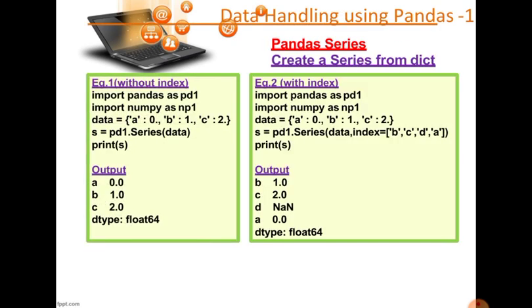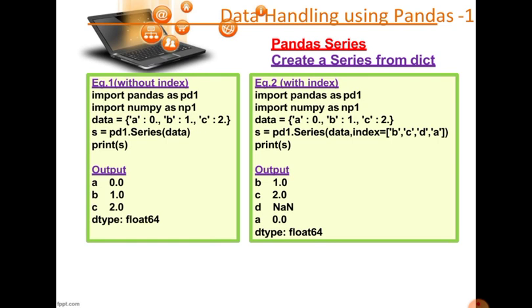Pandas Series: create a series from a dict. Example 1, without index. import pandas as pd1, import numpy as np1. data = {'a': 0, 'b': 1., 'c': 2}. s = pd1.Series(data), print(s).